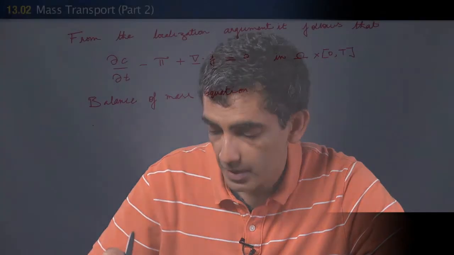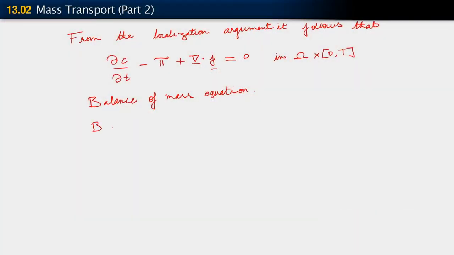So the boundary conditions in this case are the following. We already looked at the boundary conditions, so we just re-enumerate them. It is that minus J dot n, which is the inward flux, the influx of particles on the boundary, is equal to the specified number of particles per unit time per unit boundary area that we are sending in.